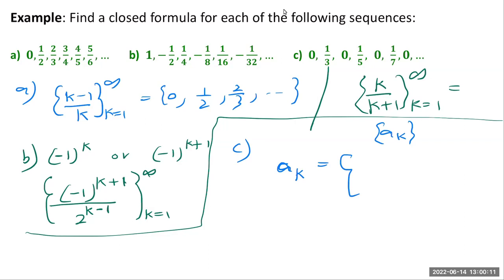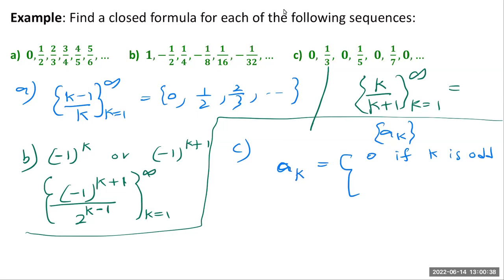I'm telling you a_k is 0 if k is odd. If my k value is odd, a_k is 0. That means if k is equal to 1, this should be 0. Exactly, a_1 is 0. And then if k is equal to 3 here, again, a_k is 0 because the third term is 0. Okay. And then what about when k is even?